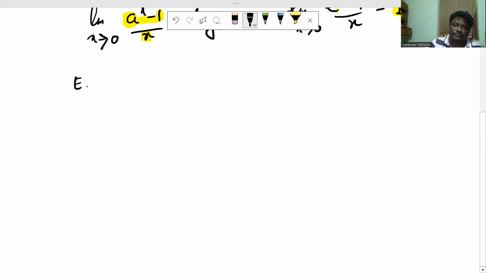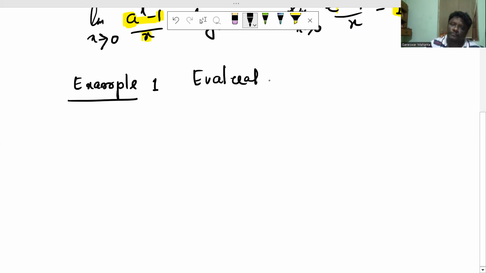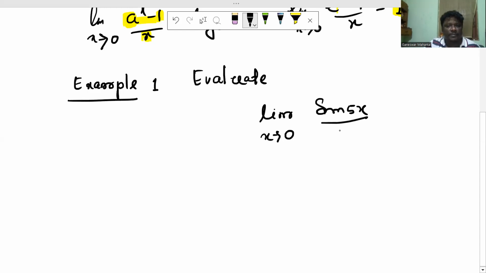Example 1. Evaluate limit x tends to 0, sin 5x divided by 7x. So from the above formula, sin x by x is equal to 1.